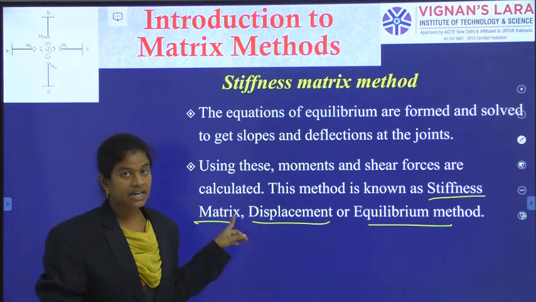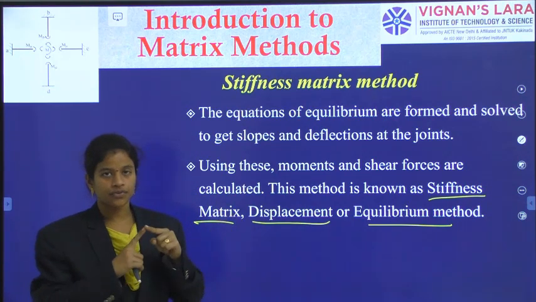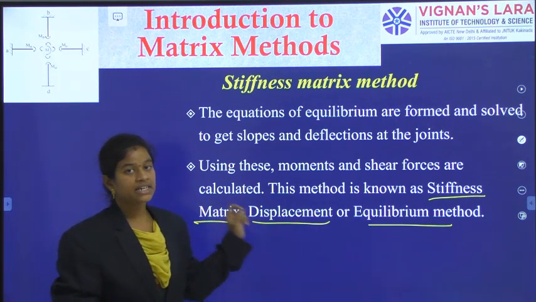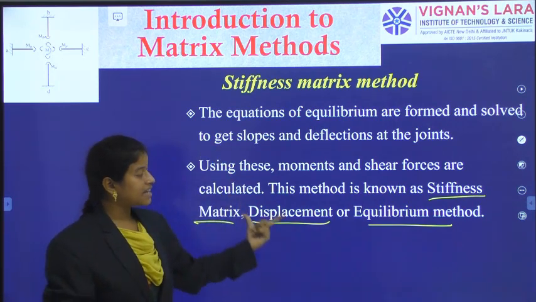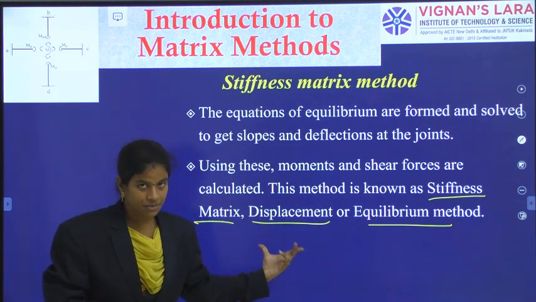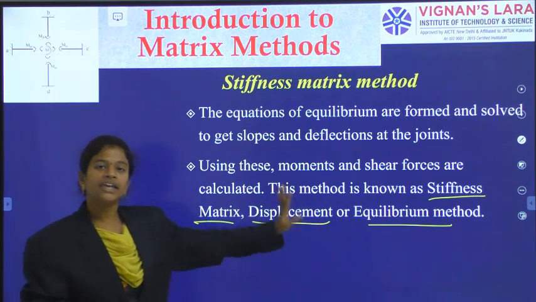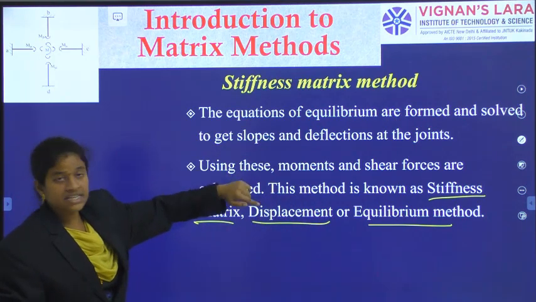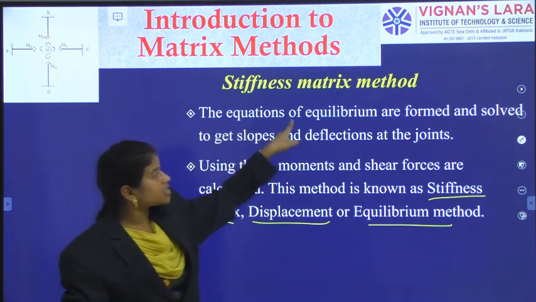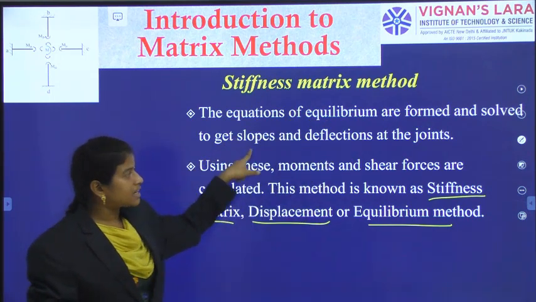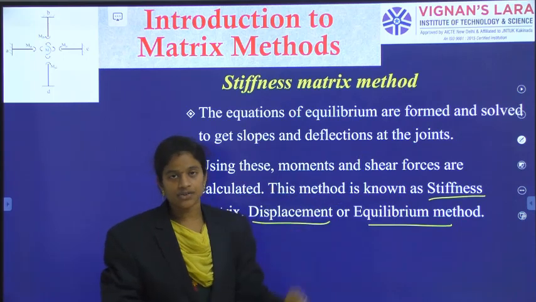Here the basic unknowns are displacements of the joints. That's why I am calling it a displacement method or stiffness matrix method or equilibrium equation method or equilibrium method. Why is it the equilibrium method? See here, the equations of equilibrium are found and solved to get slopes and deflections at the joint.